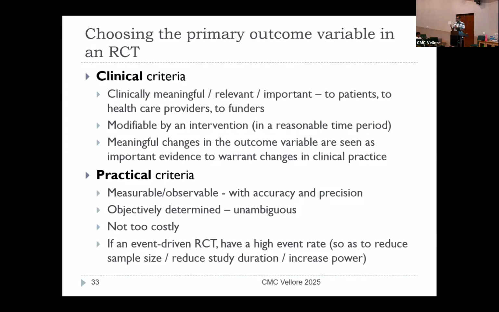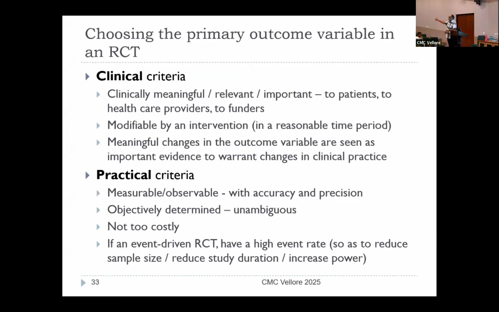It should be something that your intervention should affect. If it's not going to affect it, then why are you choosing that as your outcome? It also has to be observable in a reasonable time period, because if I say, oh, I want to see all-cause mortality, and I'm studying 25 to 39-year-old people with this condition, I'm going to be dead before any of these people die.